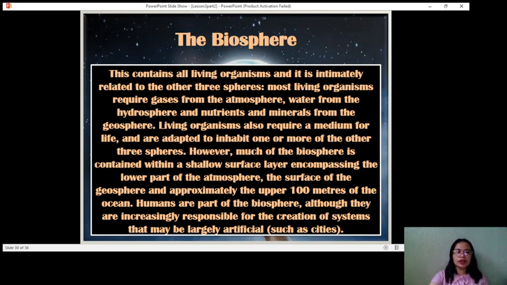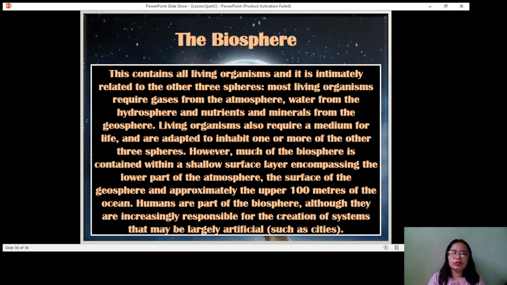Most living organisms require gases from the atmosphere, water from the hydrosphere, and nutrients and minerals from the geosphere. A living organism also requires a medium for life and is adapted to inhabit one or more of the other spheres.